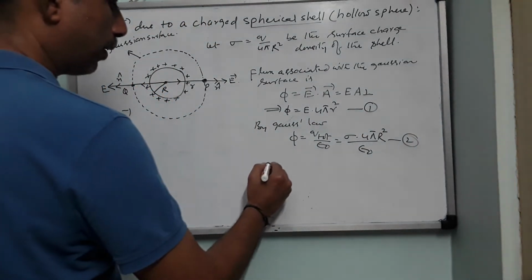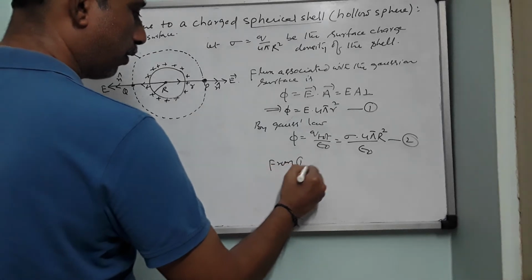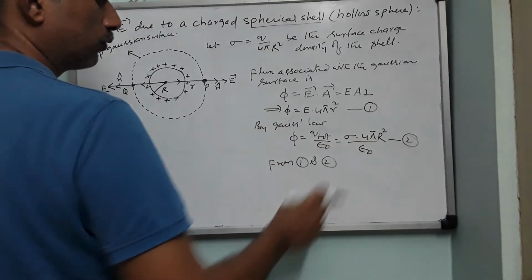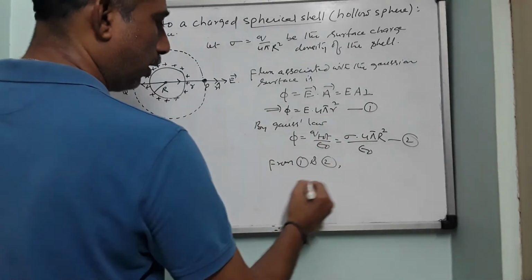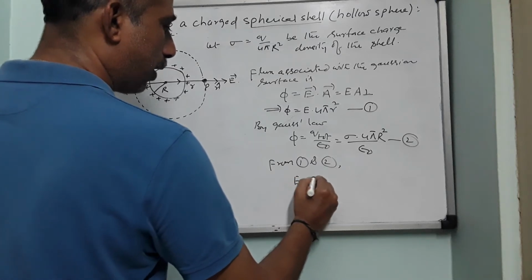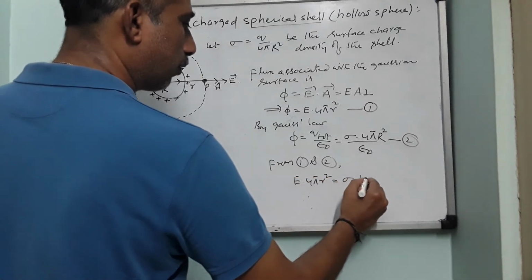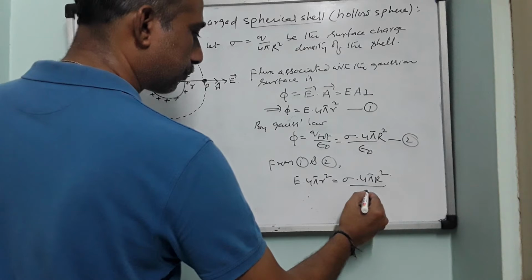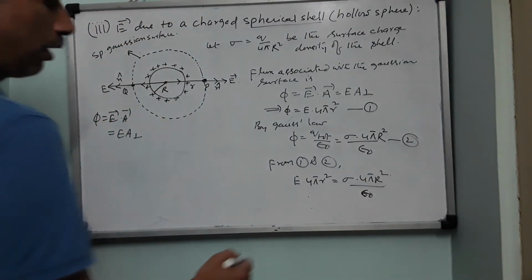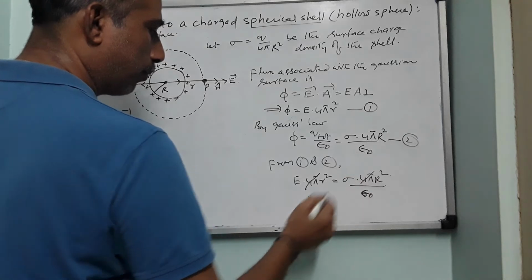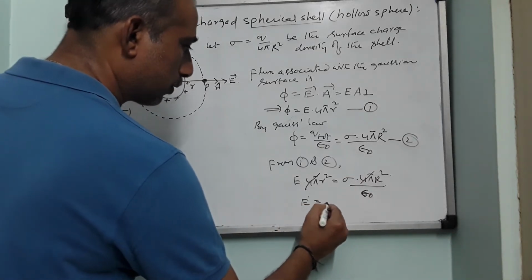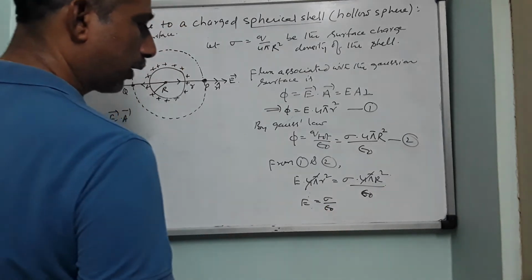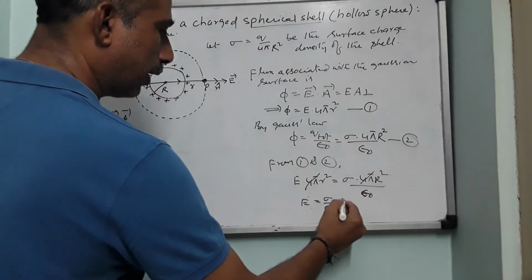From 1 and 2, as their LHS represent the same physical quantity, electric flux, we can equate the RHS. So E into 4 pi small r square equals sigma into 4 pi capital R square divided by epsilon 0. Cancelling 4 pi on both sides, E equals sigma by epsilon naught into capital R square by small r square.